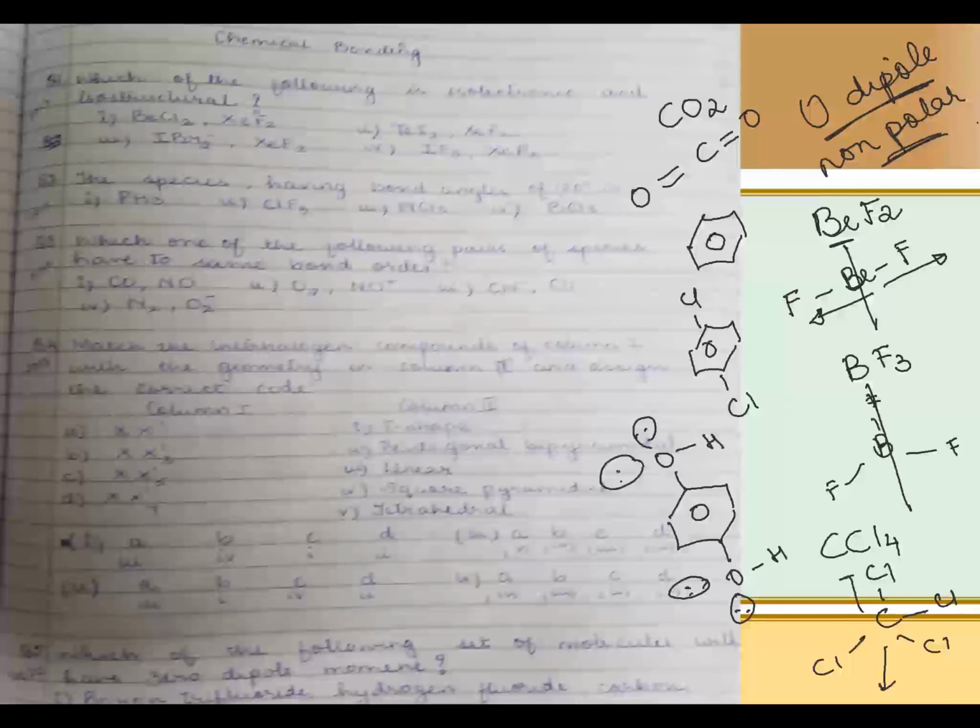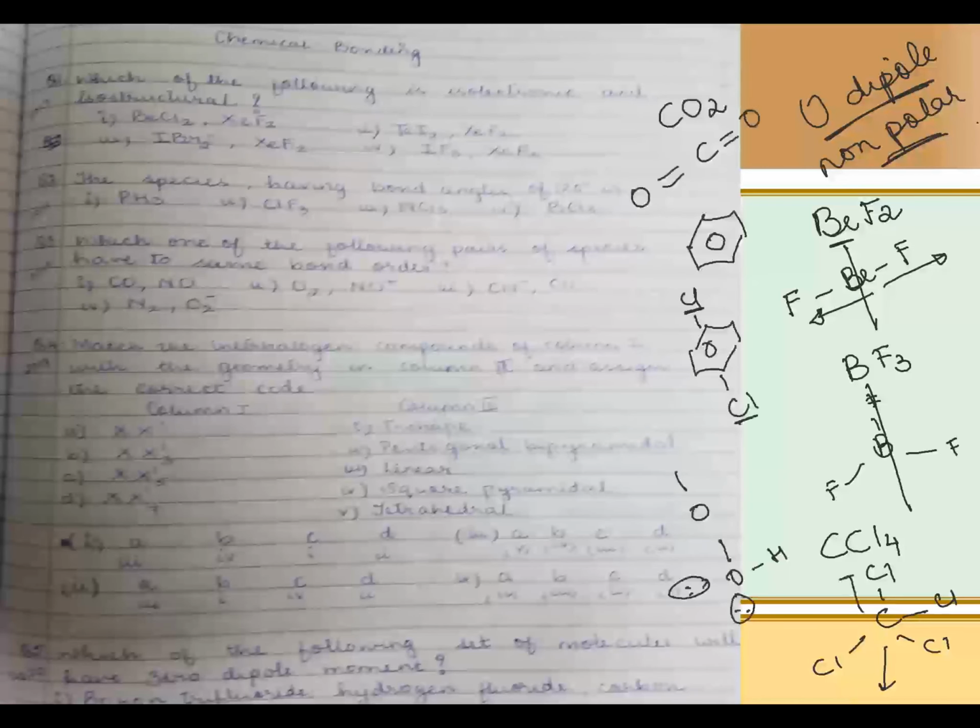So it will have some direction. If there is one atom, it will cancel itself out. If there is more than one atom like this, once again, then you will have to check its direction and all, what direction it is. Okay, so this is not non-polar. So I'm taking that out from our list.